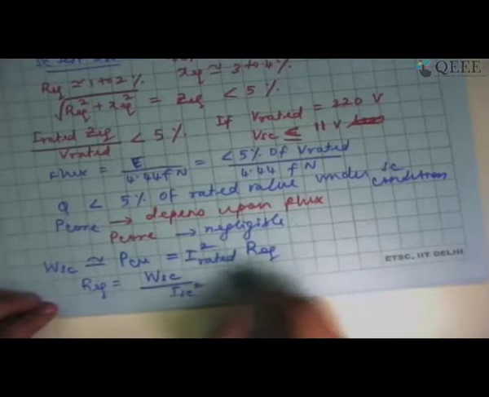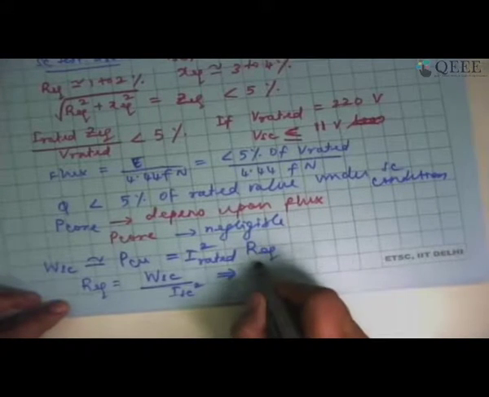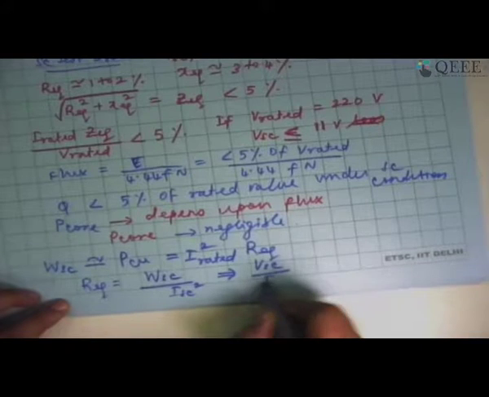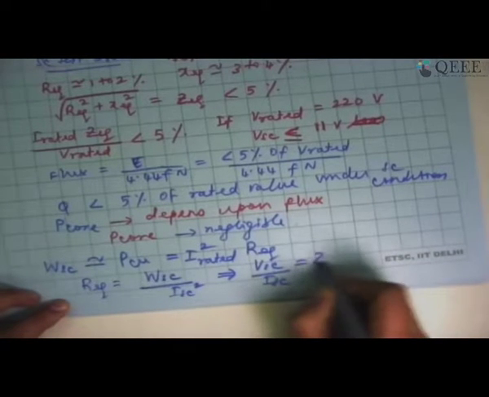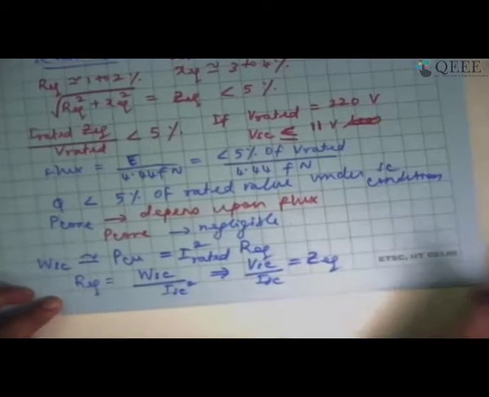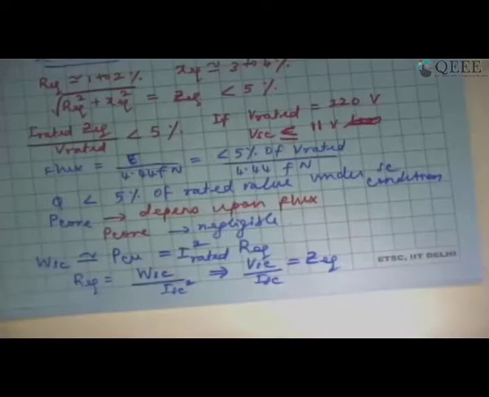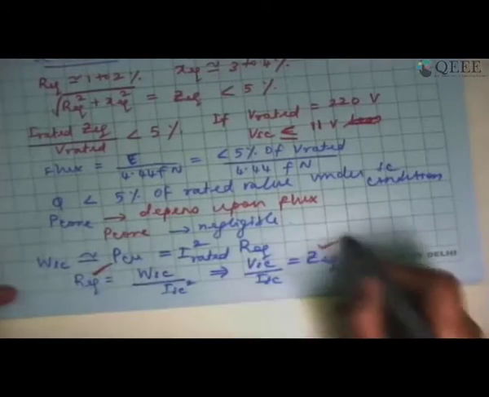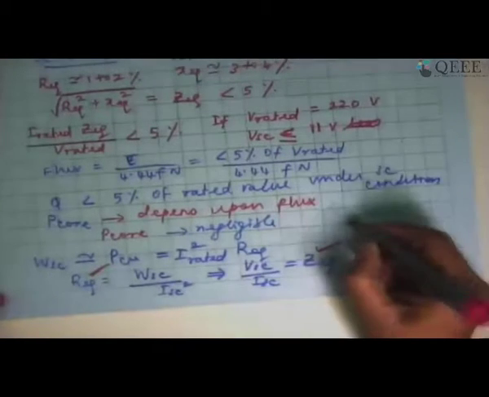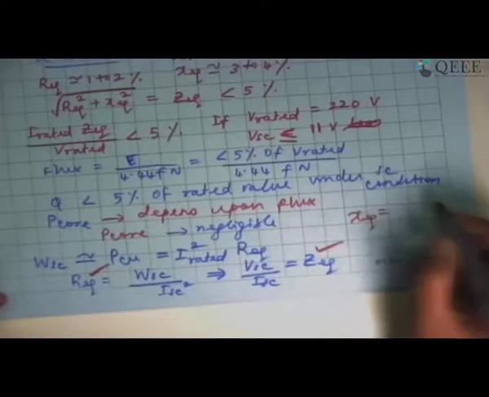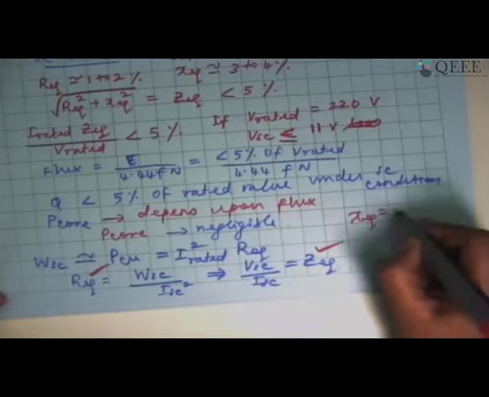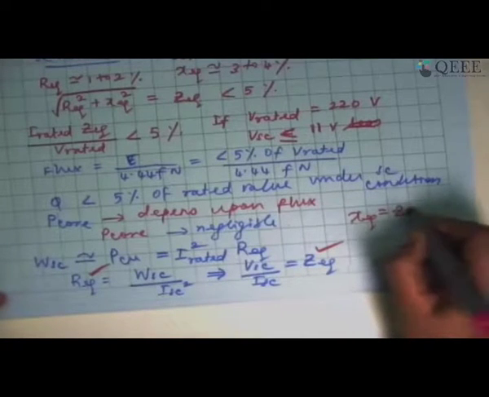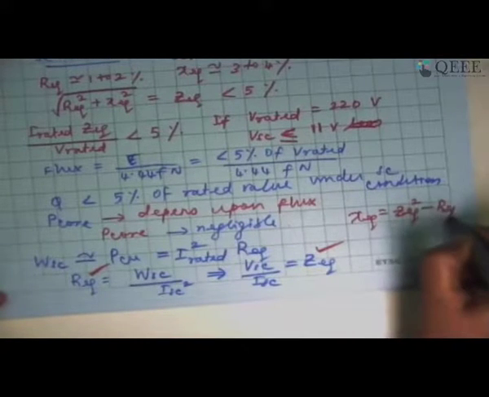Right? So I have got R equivalent. I can say VSC divided by ISC is equal to Z equivalent. I have got Z equivalent and I have got R equivalent. So I can definitely get X equivalent. So I can say X equivalent equal to square root of Z equivalent square minus R equivalent square.